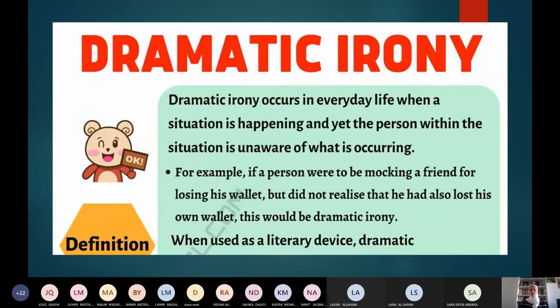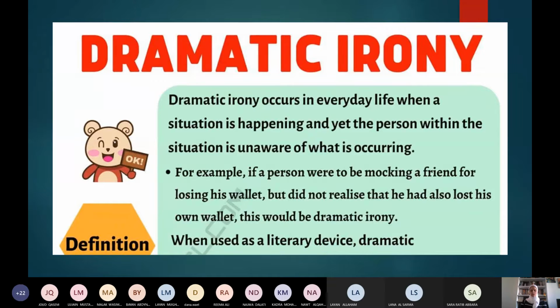For example, if a person were to be mocking a friend for losing his wallet, but did not realize that he had also lost his own wallet, this would be dramatic irony. When used as a literary device, dramatic irony is when we know something the character in the story doesn't know.